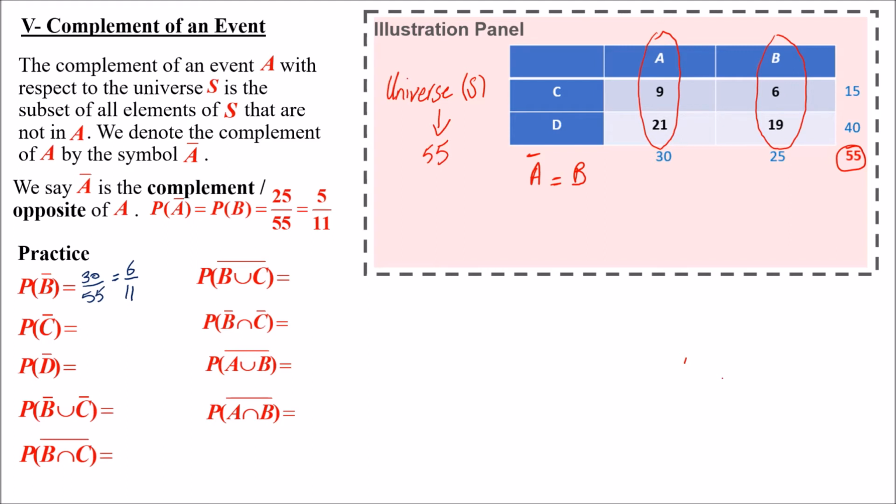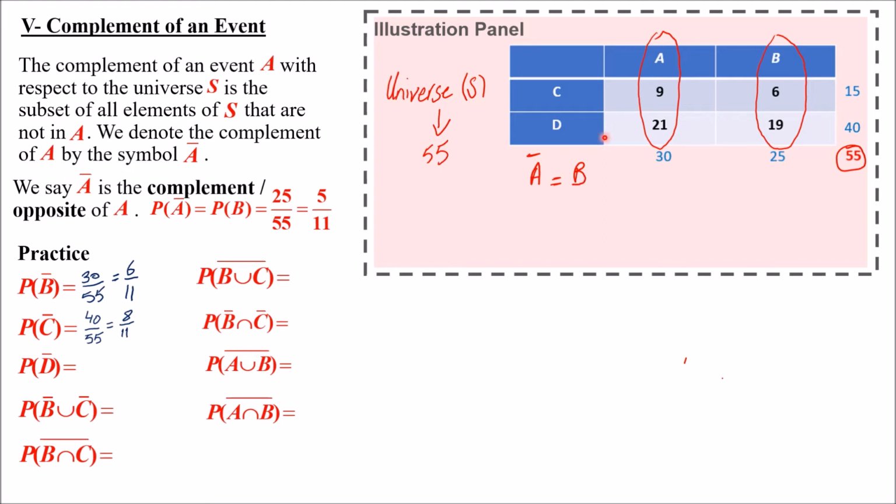Probability of C bar. This is C. Therefore, C bar, what completes the event C to complete the universe, is the event D. Therefore, the probability of C bar is equal to the probability of D, which is 40 over 55, which is equal to 8 over 11.